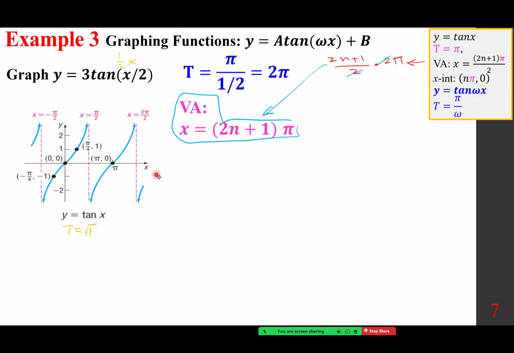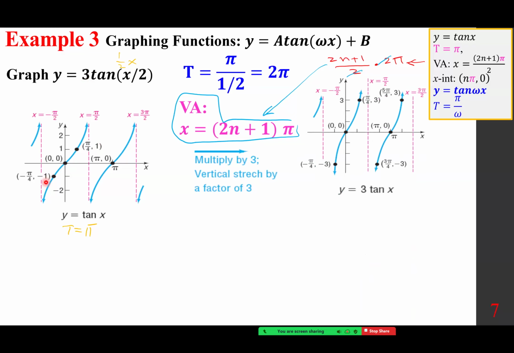So first, let's multiply by 3, which I believe is what we did in the previous page, right? So we changed the 1 to 3, negative 1 to negative 3. So far it looks like the previous page. And then we're going to replace the x by x over 2. There is a horizontal stretch by a factor of 2.